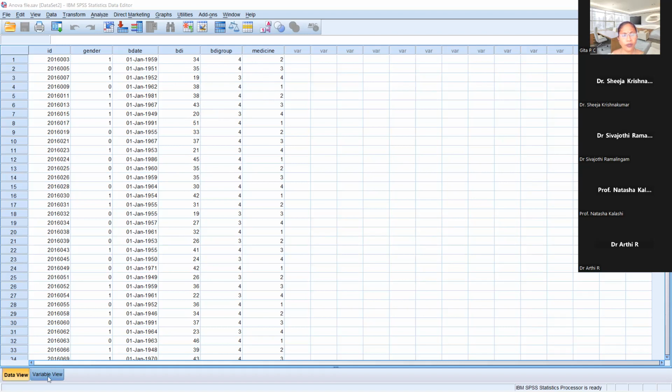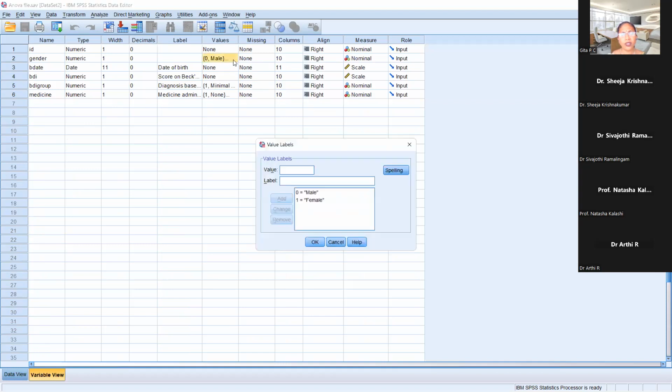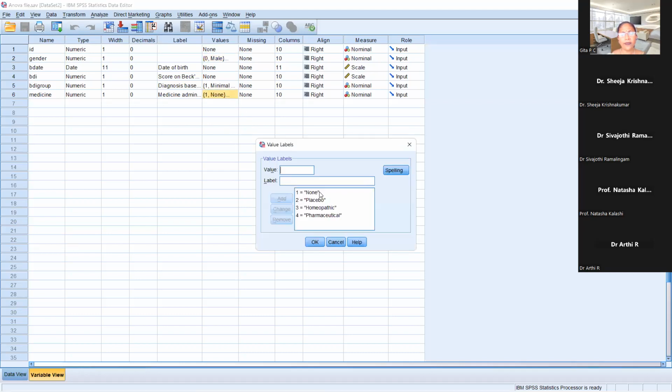So when you go to variable view, you click on the values. So you find that 0 is male, 1 is female. Then when you click on the medicine, 1 means none. None means no medicine is given to that particular group. 2 means placebo.